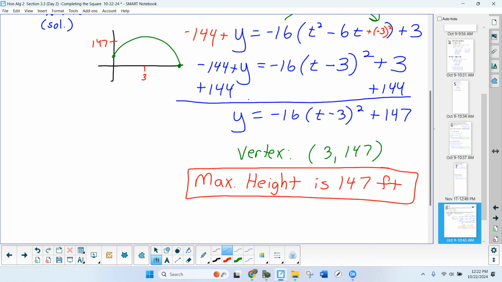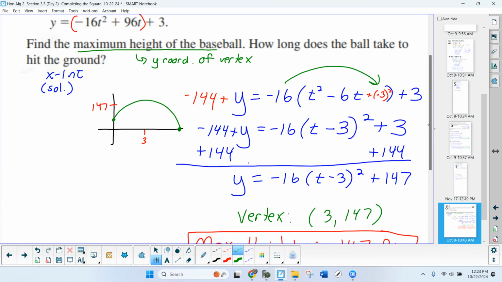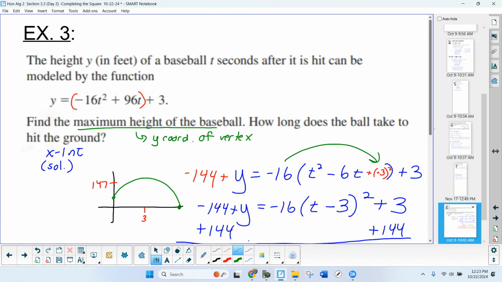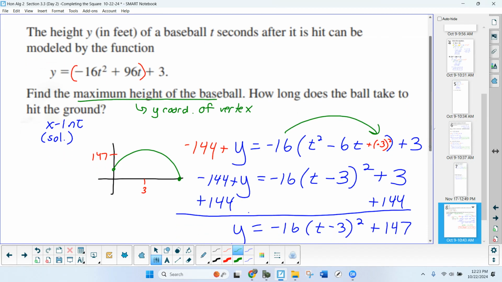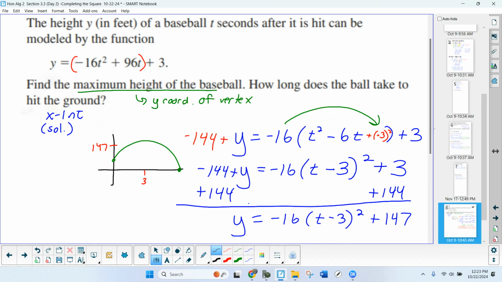Now, people want to double 3 and tell me that the ball is in the air for 6 seconds, and that is not correct. And the reason it's not correct is notice my y-intercept was at what? How do you find the y-intercept? Remember, y-intercept is 0, c. What's my y-intercept? 3. So it is not symmetrical about the vertex.